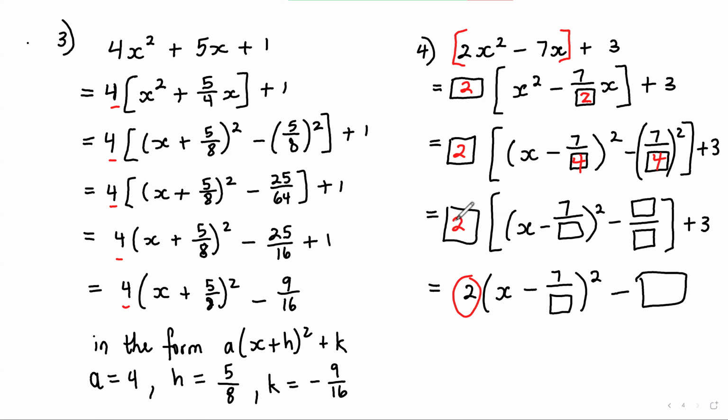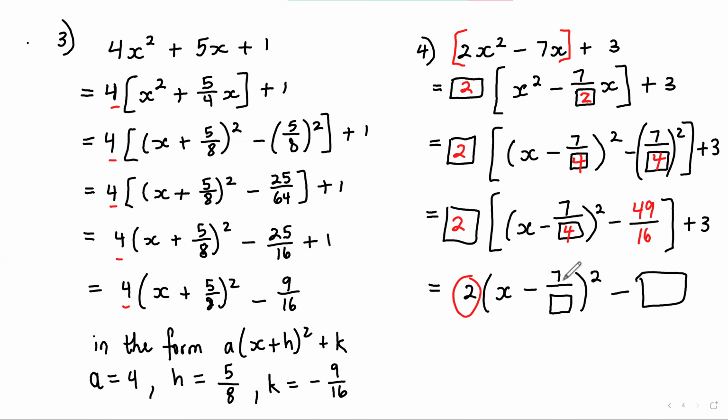That does not change. And you have 7 over 4 on the inside. Now you're going to square 7 over 4. So 7 squared is 49 and 4 squared is 16. Let me write this better. So this would be 49 over 16.